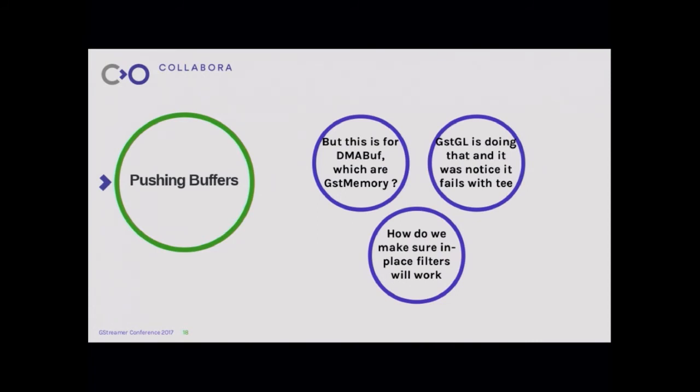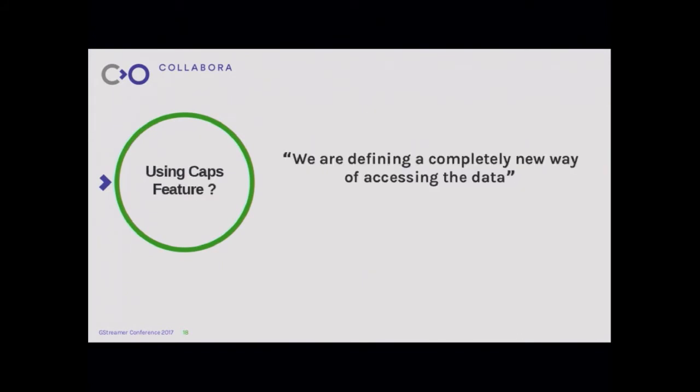So in theory, the thing gets negotiated. But you don't want that because it means that you're going to do an operation on an empty buffer or a half-written buffer. It's not correct. So that brings us to using a caps feature.